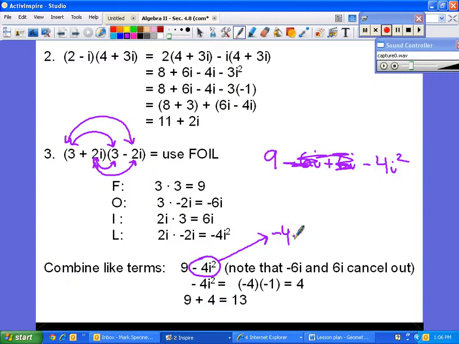And we just learned that i squared is negative 1. So this becomes negative 4 times negative 1, which becomes positive 4. So I get 9 plus 4, giving me 13 as my answer. Yep, just 13.